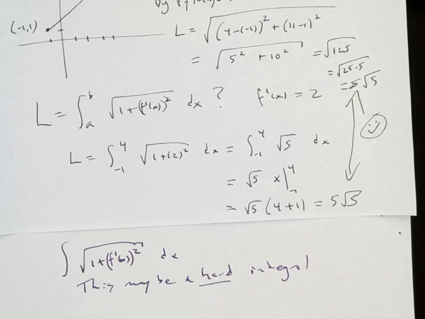I can start looking at all my integral tricks, right? I could do a U substitution. I could do integration by parts. I could do a bunch of weird algebra in the middle. I could do a trig sub. I could really go over to the tables. If I really got stuck, I throw it on the computer.